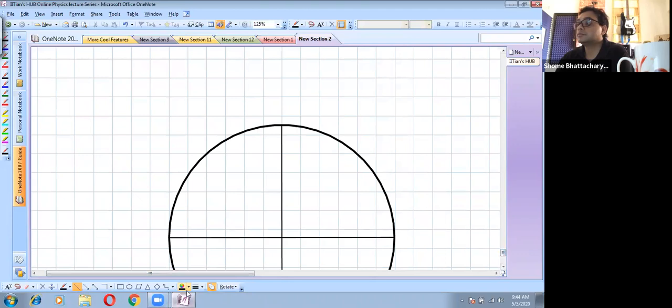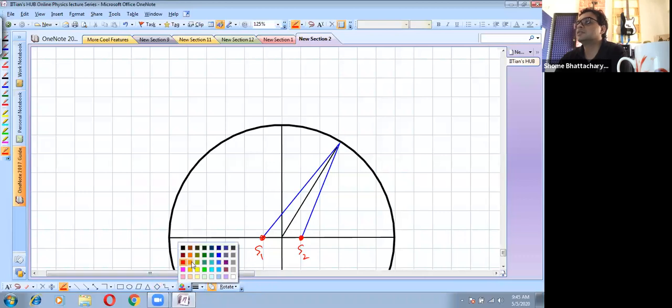Now consider this is where your source S1 is, and this is where your source S2 is.